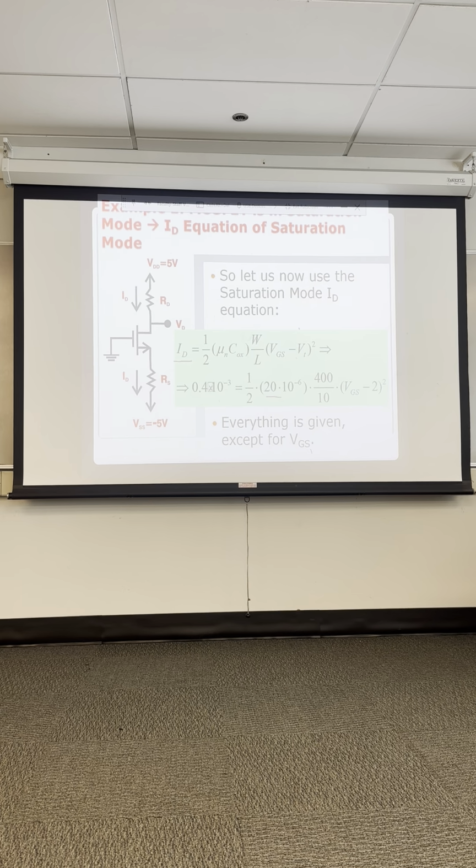So go ahead and solve this equation for the gate to source voltage. Solving it, we have to watch those exponents because if not entered correctly, you can get errors.